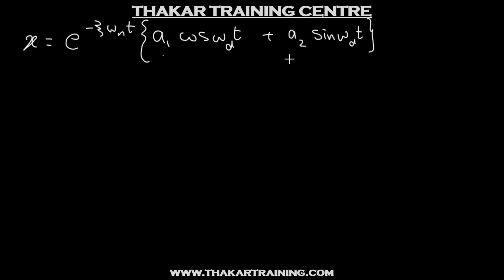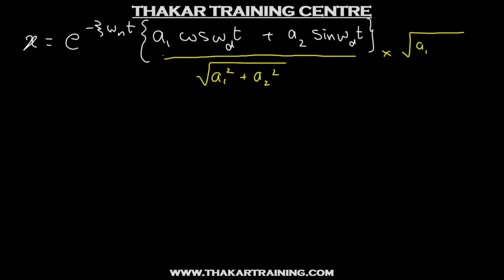What I'll try to do now is replace them with two other arbitrary constants and try to get the solution in some better form so that it can be physically understood. I'll replace A1 and A2 with the help of some manipulations. So what I'll do is just multiply and divide by under root A1 square plus A2 square. Anyway, these arbitrary constants A1 and A2 are calculated with the help of initial conditions. So it's okay if we replace them with other arbitrary constants.